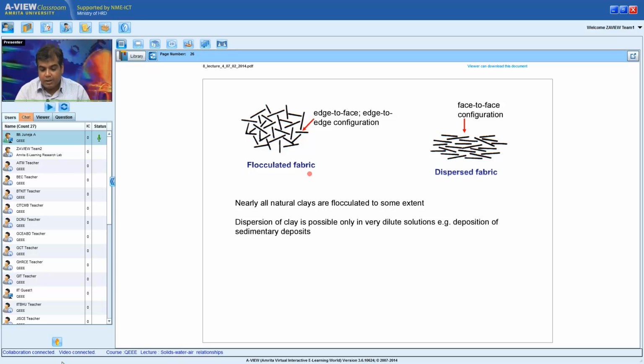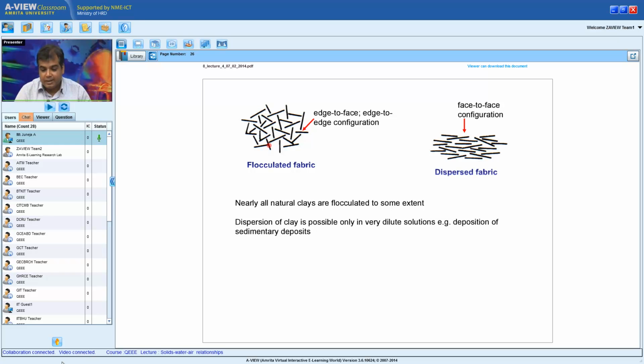A flocculated fabric has more interparticle attraction. This attraction makes the arrangement random because each one likes to be attracted to the other. It's randomness, like a lot of people getting attracted to one person. So that's what we call flocculated, randomness.